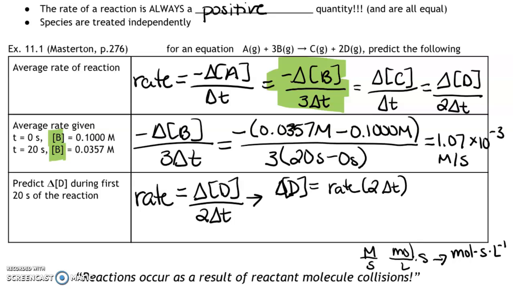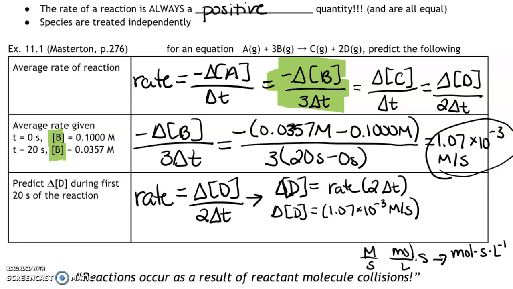That means my change in product D concentration is going to be the rate that I already found, because we already said before that all of our rates are equal to each other. So 1.07 times 10 to the minus 3 molarity per second times 2 times 20 seconds is how long is passing at this given point.